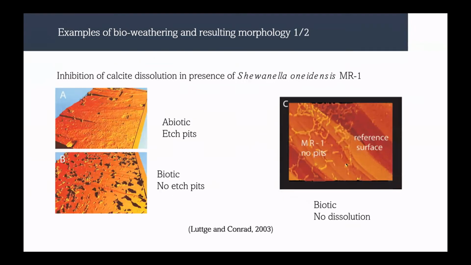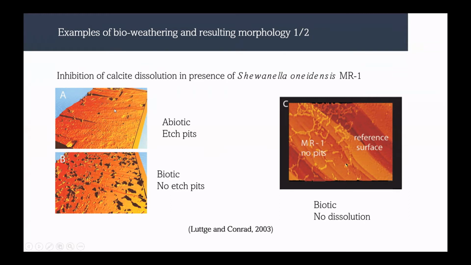So I will show you some examples of these specific interactions. For instance, here we have the effect of Shewanella on calcite dissolution. Shewanella is not supposed to do anything metabolically with calcite, and in fact, their impact is actually an inhibition of calcite dissolution.